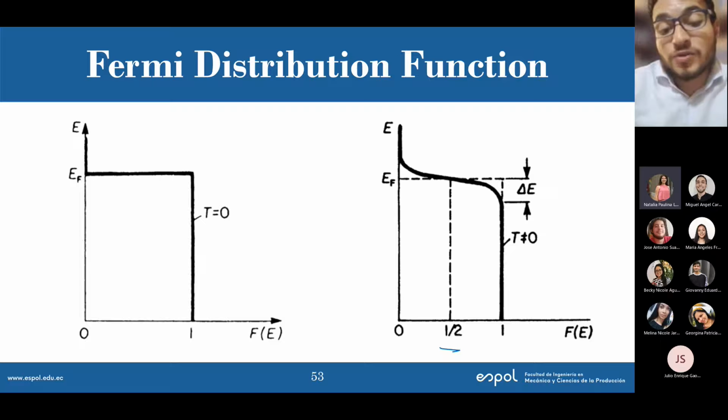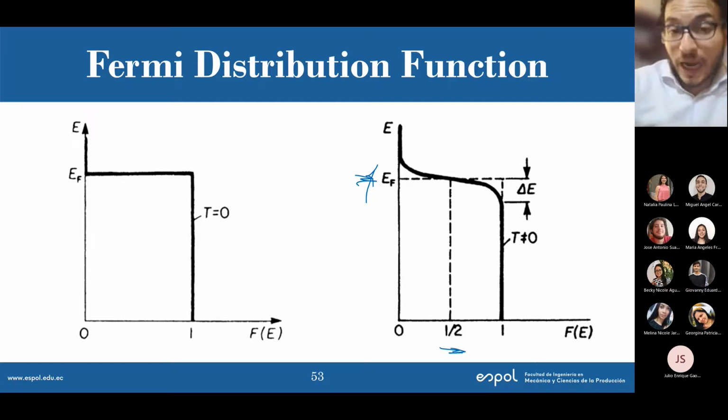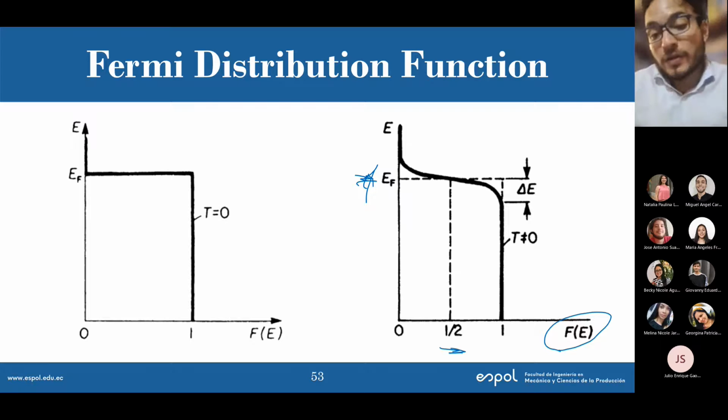I mean, you will say there's actually a 50% probability at this energy, at the Fermi energy. You can say there's a 50% chance that the energy level is occupied. That's how you read it. So this is the probability of an energy level being occupied, that is, of electrons being there.